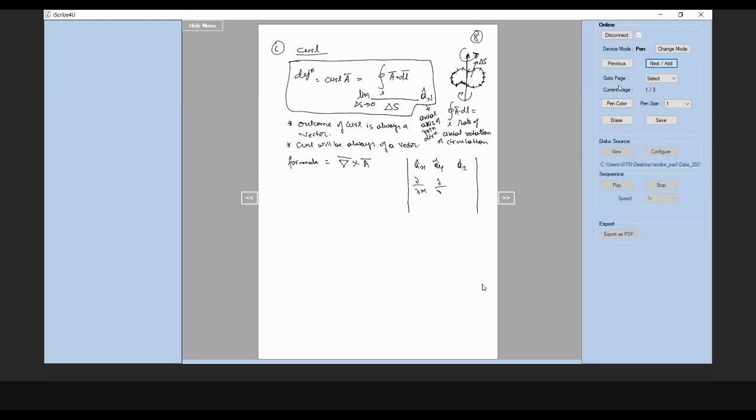You have to write the components here, and here it would come Ax, Ay, Az. Now homework, or your job, is to evaluate this determinant and write the Cartesian coordinate formula for curl. For example, a cap x would be del y of A z minus del z of A y. This would be the a cap x component. So you are expected to write the entire expression for curl in Cartesian, cylindrical and spherical.